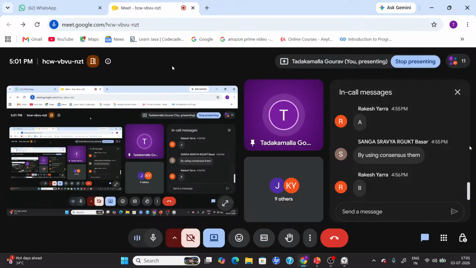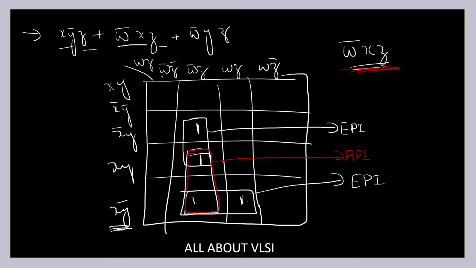Okay. One last question for you, noted for your assignment. You can let me know what is the solution you're going to get for this particular function f of a, b, c, d, which is given with the max terms as 1, 2, 3, 4, 9, and 15. And for this, we need to find out the minimized SOP expression.